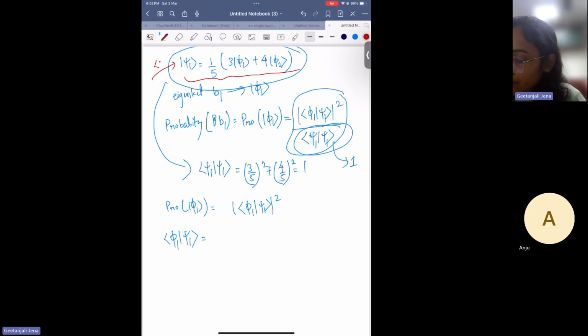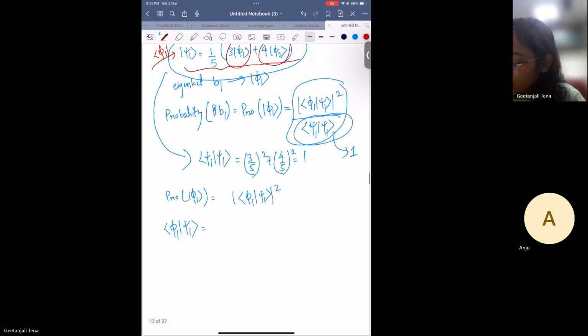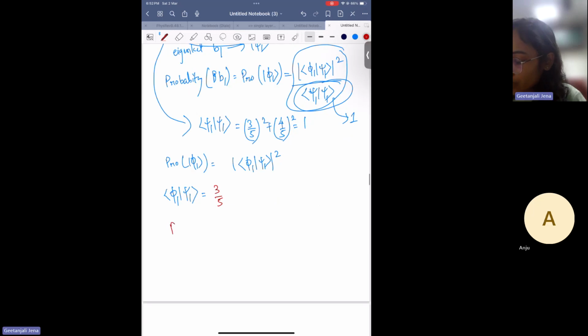If you take phi 1, then only this term is non-zero. This term will become 0 because phi 1 and phi 2 are orthonormal states. So the inner product of phi 1 with psi 1 is 3/5. So the probability of getting phi 1 is (3/5) squared, which is 9/25.